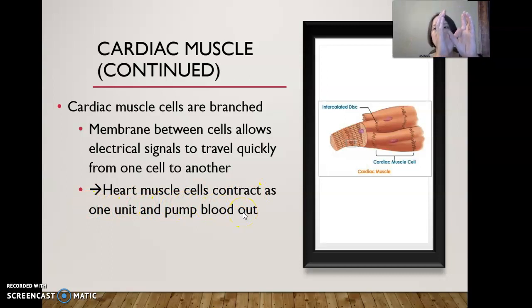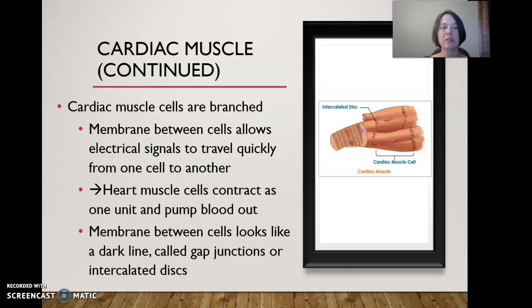Your whole heart needs to pump at once. If you had cells contracting at different times all over the place, you would never be able to pump blood out and then you would die. The membrane between the cells looks like a dark line. Sometimes they call these gap junctions or intercalated discs. You want to be familiar with those words.